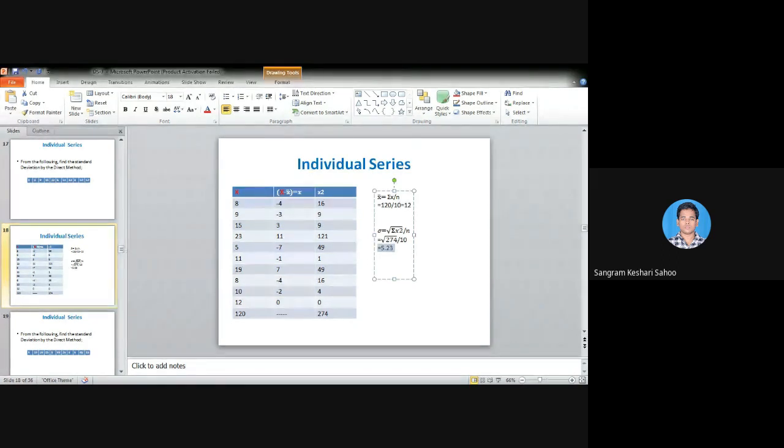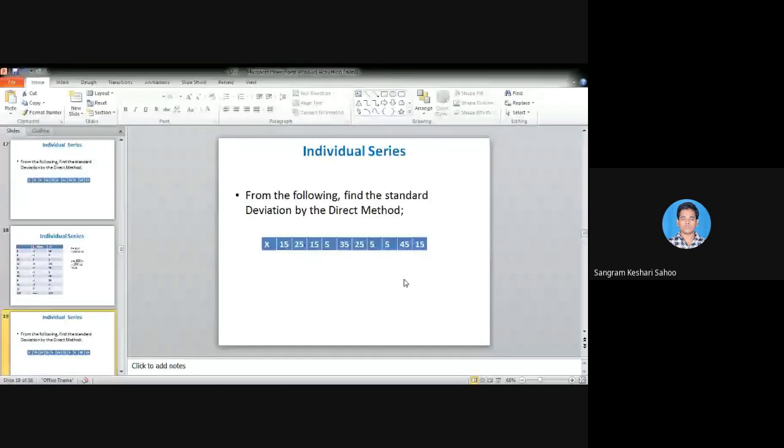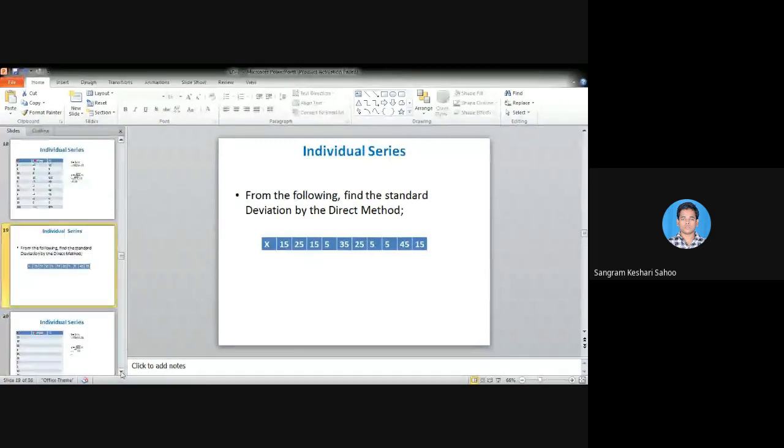In case of individual series, there is a numerical for you. Calculate the standard deviation by using the direct method. The following data, in case of the X variable, we have 5, 15, 5, 5, again 5, 45, and 50. Calculate the standard deviation.